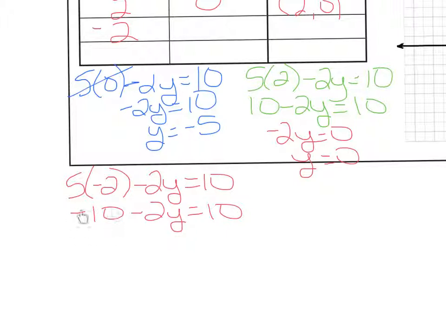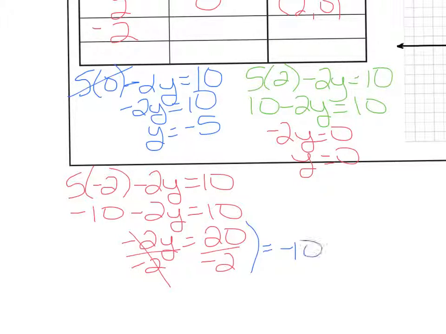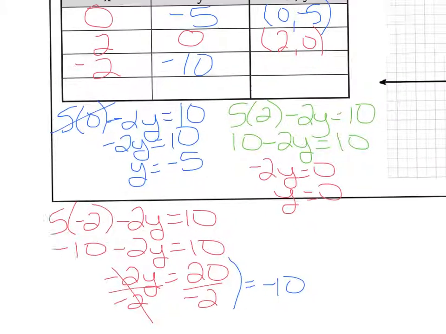All right, we're going to have to add this 10 on now because we're trying to solve for y. So when we add 10 to this side, it's going to become 20. So we're going to have -2y equals 20. 10 plus 10 is 20. Divide by -2. You get y equals 20 divided by -2 is -10. So our third ordered pair is -2, -10.